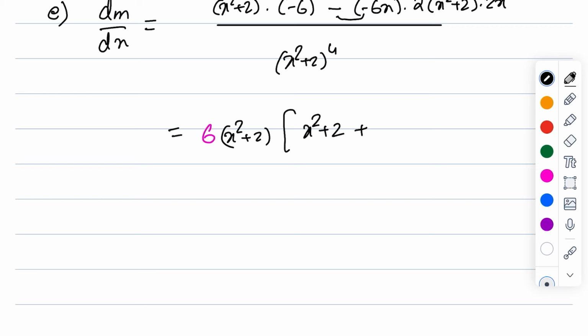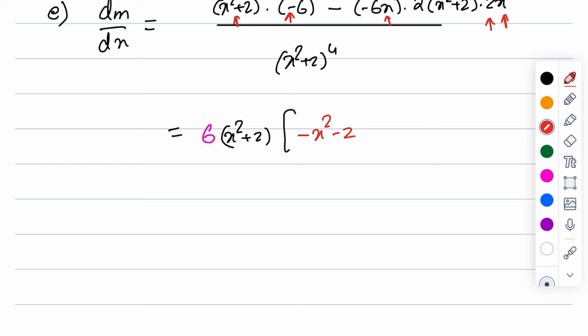But be careful over here. So what is left over? Let me write it out there. Yes, negative symbol and one more x square plus 2. So negative x square, negative 2, and 2, 2x is left over, and this x is also left over.